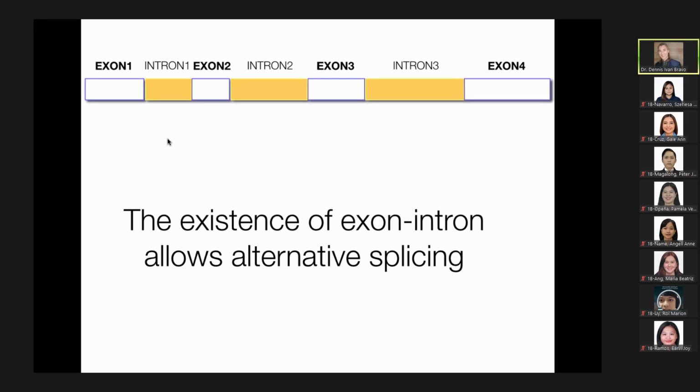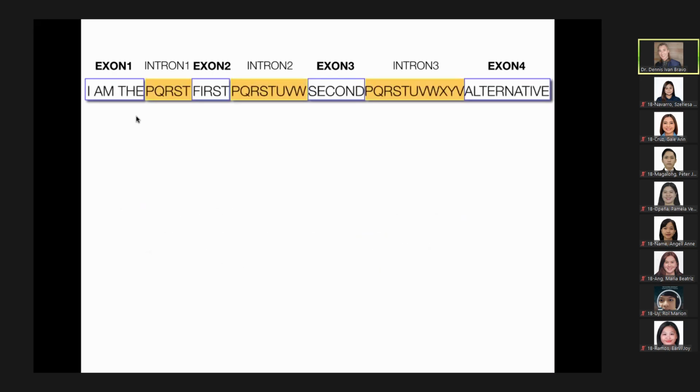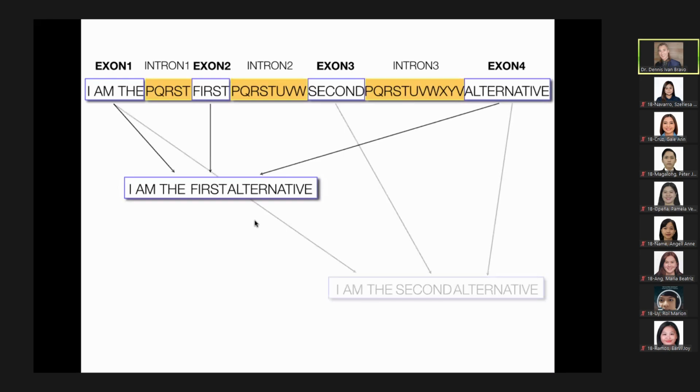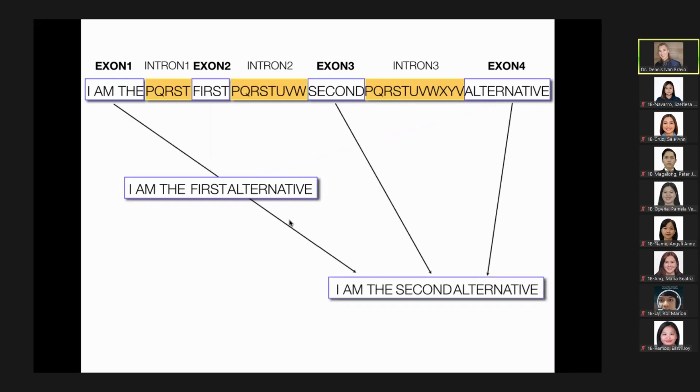For example, in one instance, exon 1, 2, and 4 can be spliced together to come up with one mRNA variant that can give rise to one type of protein. In another instance, exon 1, 3, and 4 can be spliced together to come up with another mRNA variant that will give rise to a totally different type of protein.